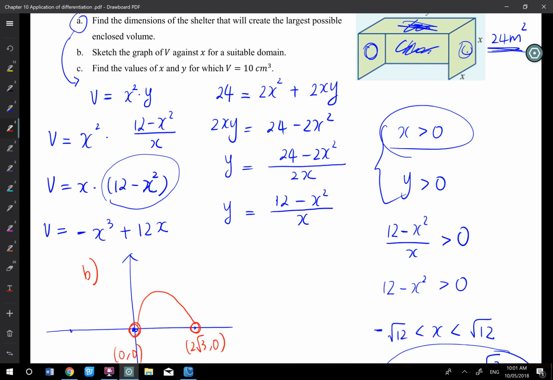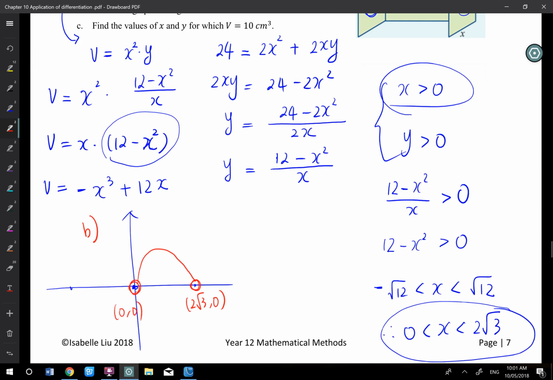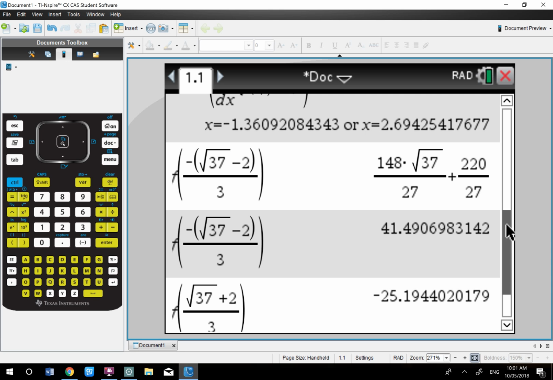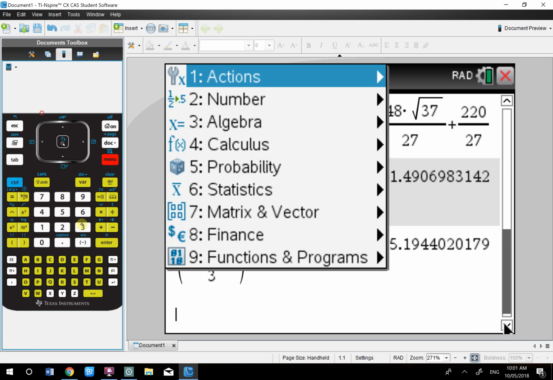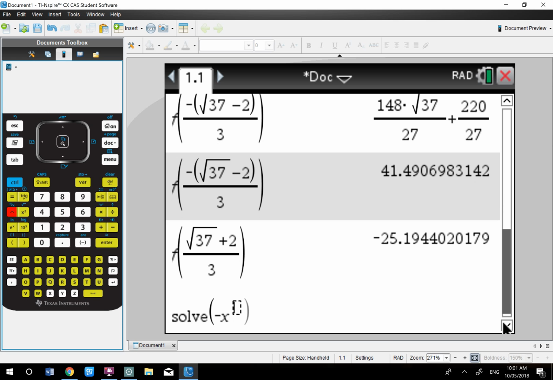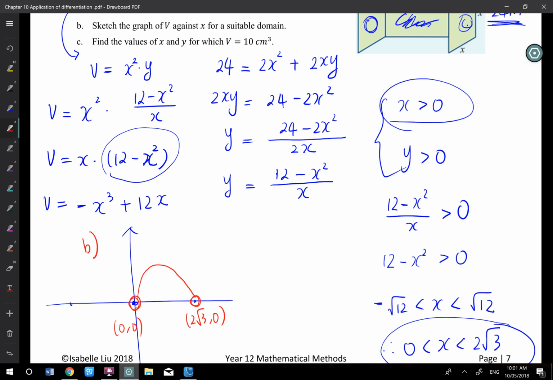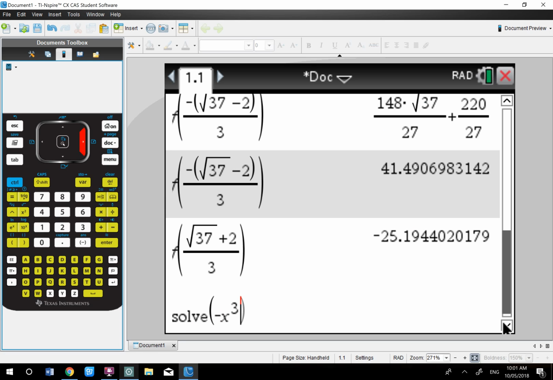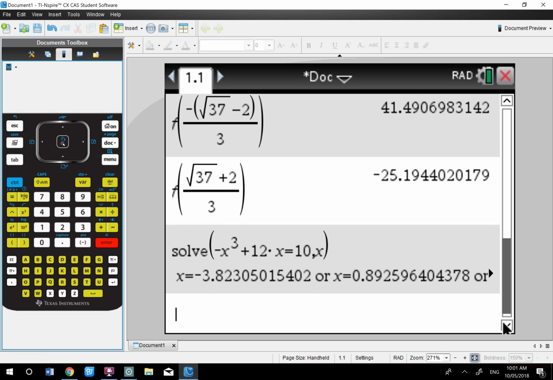C says find x, y values which give you V equals 10. You can use a calculator to solve for that. V equals 10: minus x cubed plus 12x equals 10, find x.